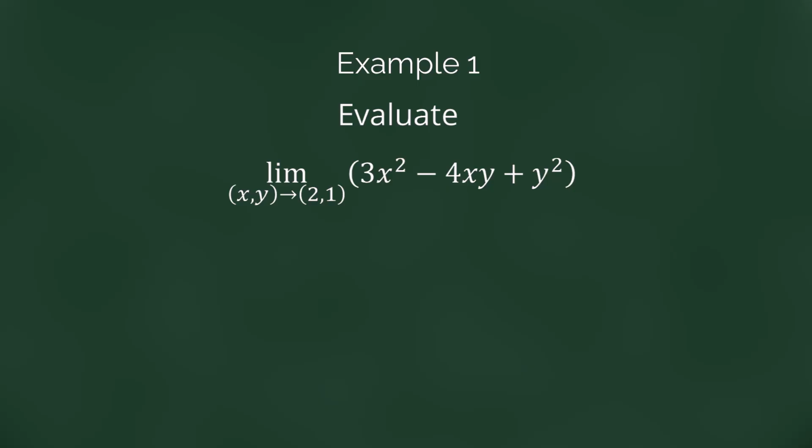Here we want to evaluate the limit as (x, y) approaches the point (2, 1) of the function 3x squared minus 4xy plus y squared. This is a polynomial. We know that its domain is the entire Cartesian plane. There are no values of x and y we can't plug into that.